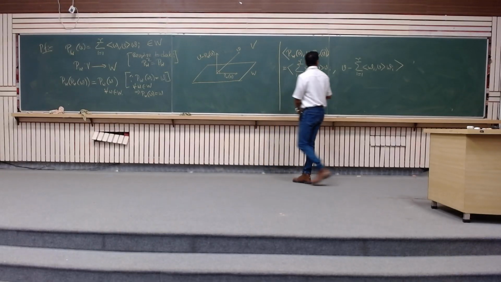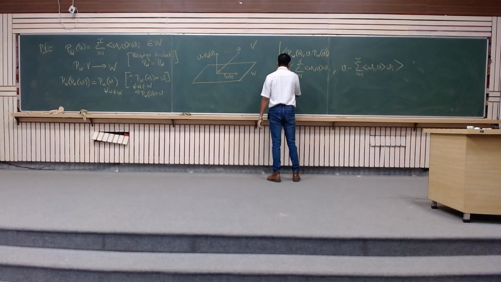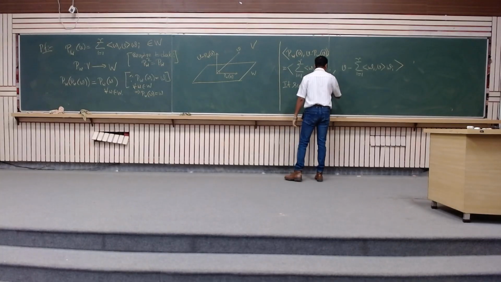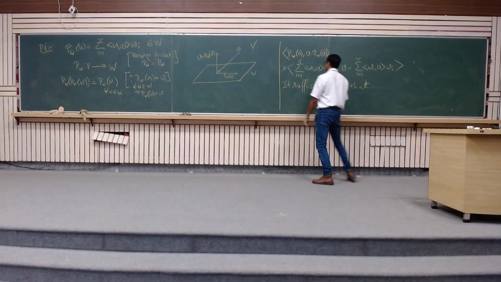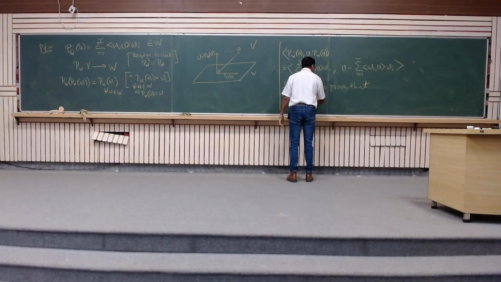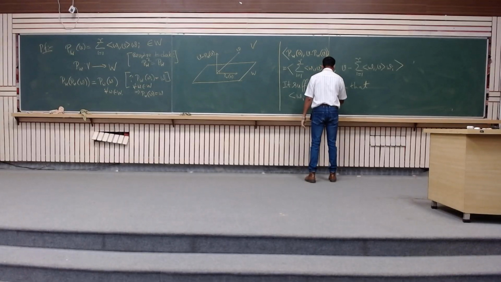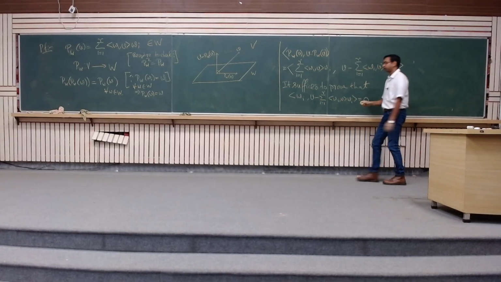So instead of showing that this is equal to 0, it suffices to prove that <w_i, v minus the summation i running from 1 to r of <w_i, v> w_i> is equal to 0.